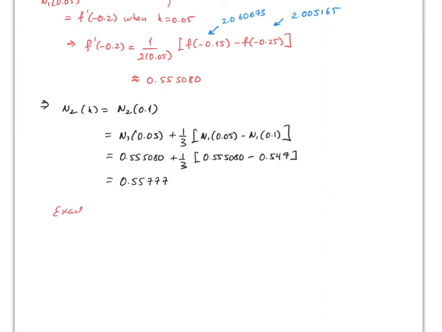Now the exact solution for f prime of minus 0.2 is equal to 0.5576, 73. So you can see that the answer is pretty close. Remember that f prime is equal to minus 4 sine of 2x minus 1, and make sure you use radians, and that's it.